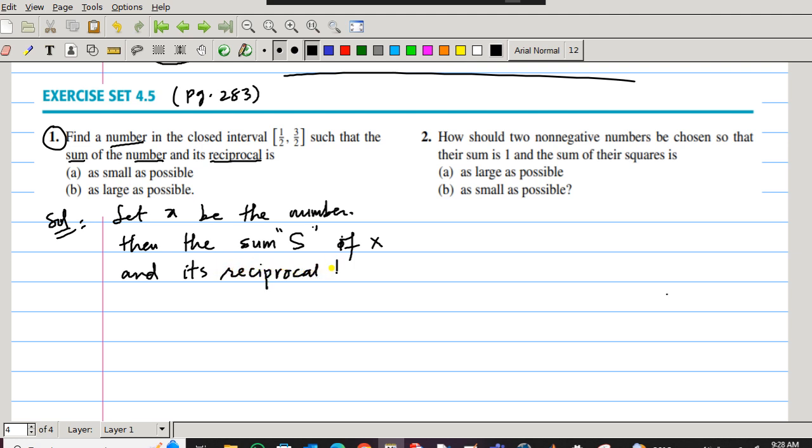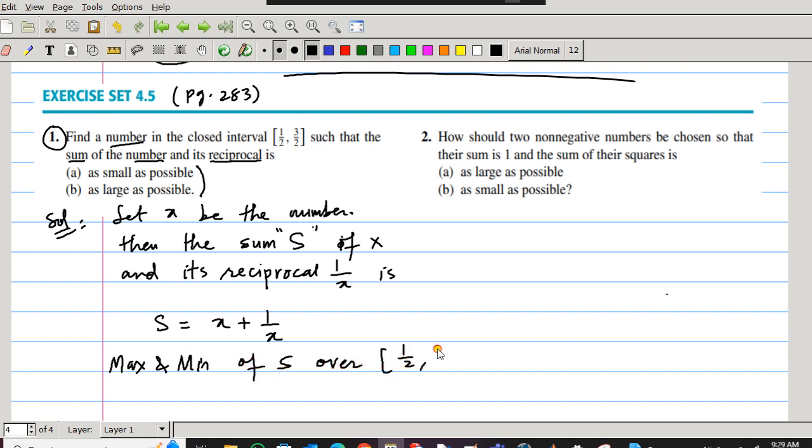So they ask me this one, the sum of x and its reciprocal, x plus 1 over x, is as small as possible and as large as possible. It means I need to find both maximum and minimum, right? So I have to find the maximum and minimum of S over the interval. What is the interval given? 1 by 2, 3 by 2. This is what I want. Okay, so this is my question now. Finding maxima and minima of both.